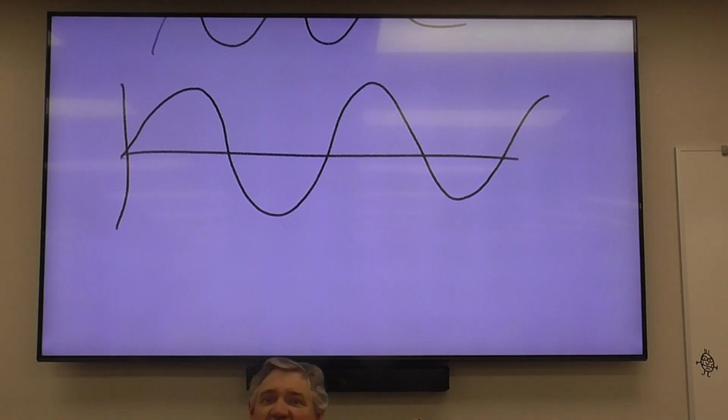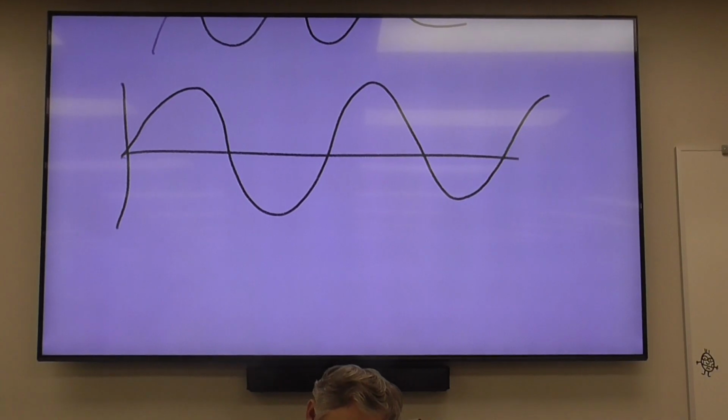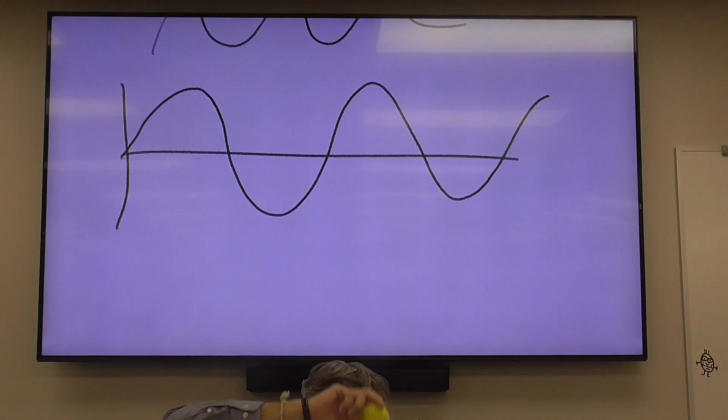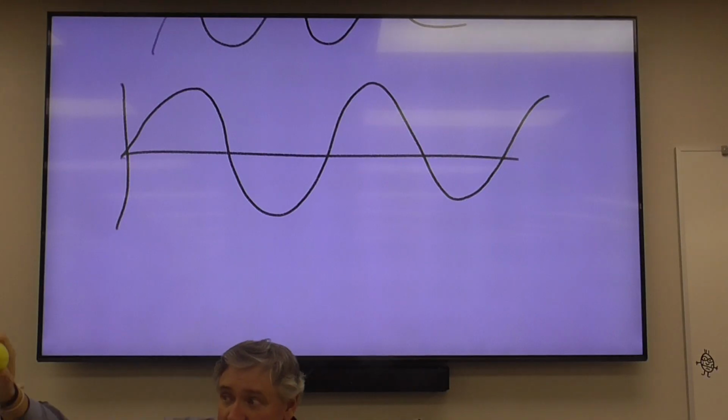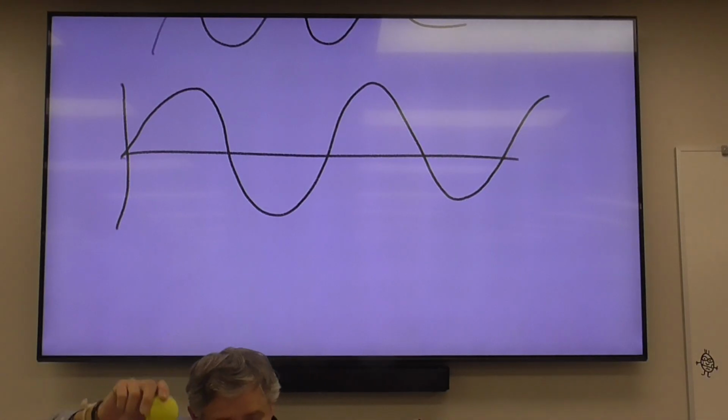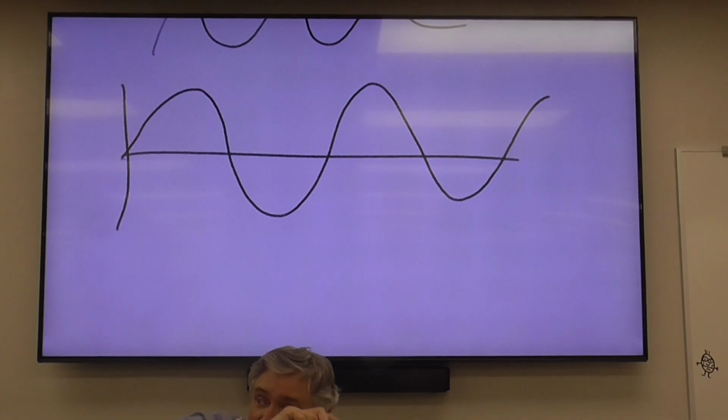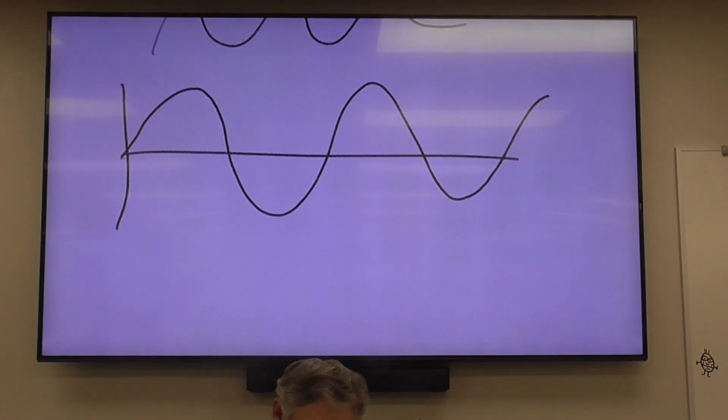If the sun emitted light that just did this, we'd never see the sun. But conveniently, it travels out, and we can see it. So look at what's going to happen. On this one, you have this wave going up and down, and at the same time it's traveling horizontally.